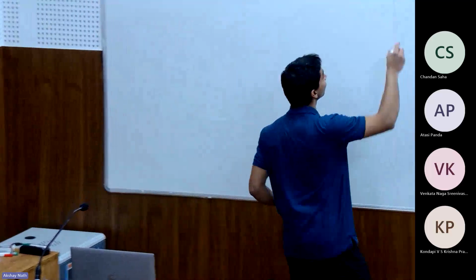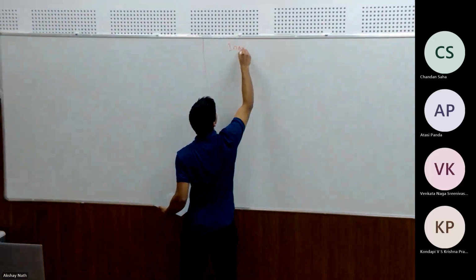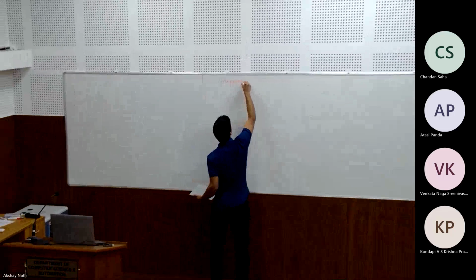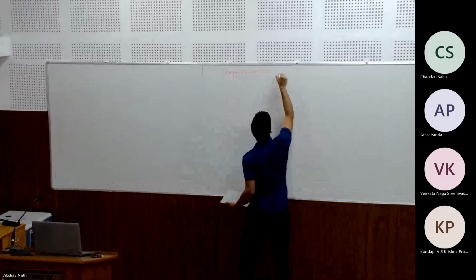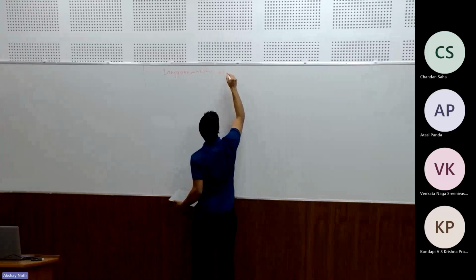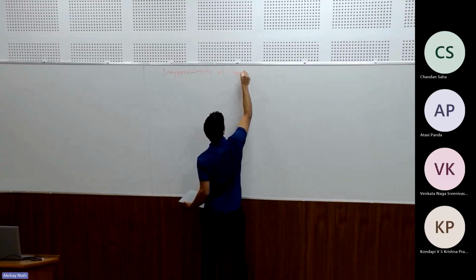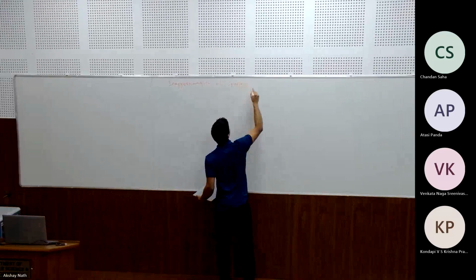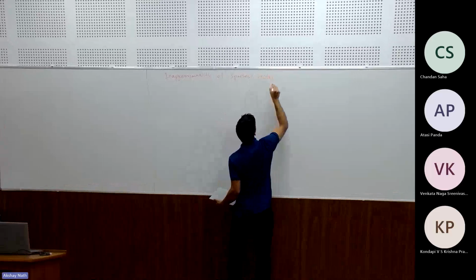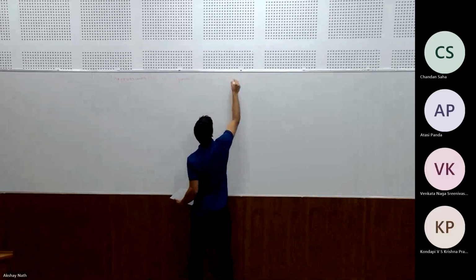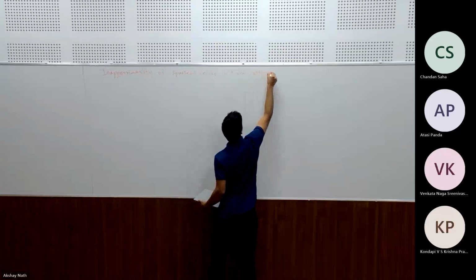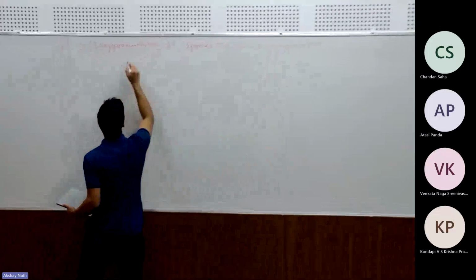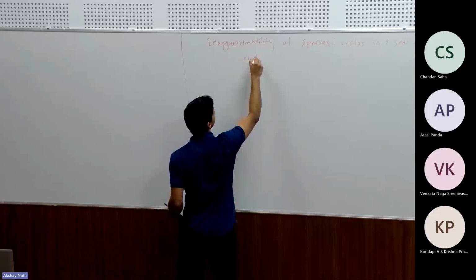Today we'll talk about inapproximability, that is NP-hardness of approximation, of finding the sparsest non-zero vector in a real subspace. This is joint work with Euiwoong Lee at the University of Michigan.